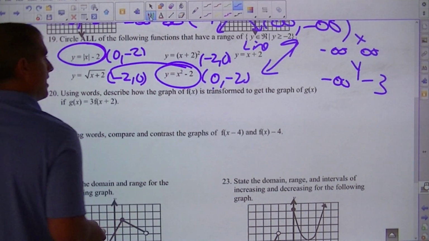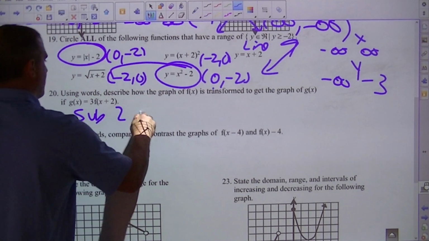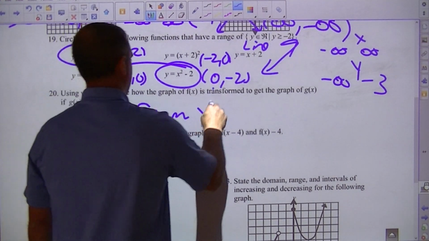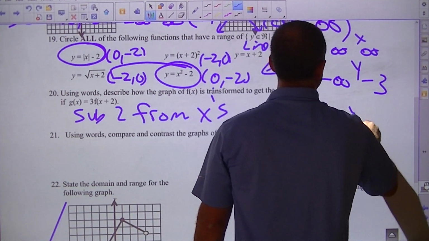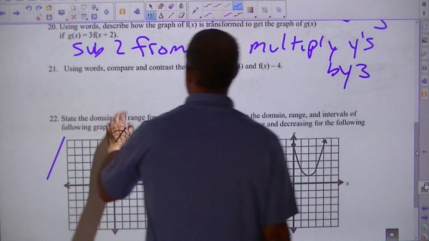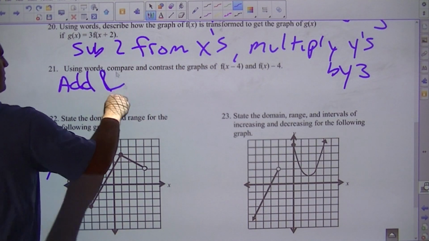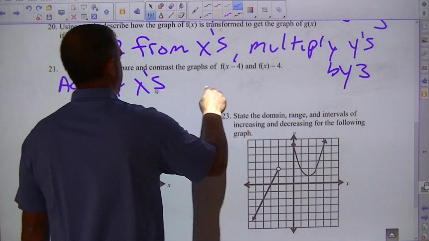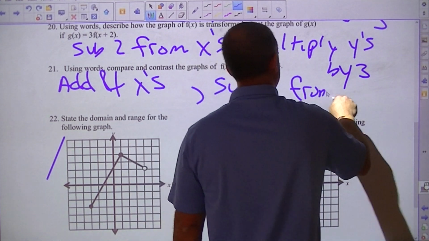You would subtract 2 from x's, multiply the y's by 3. This one I would add 4 to the x's compared to this one where I would subtract 4 from the y's.